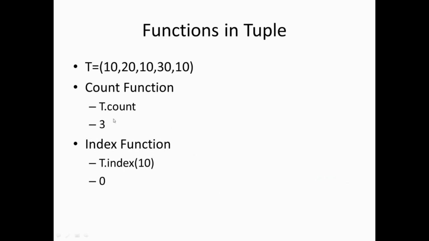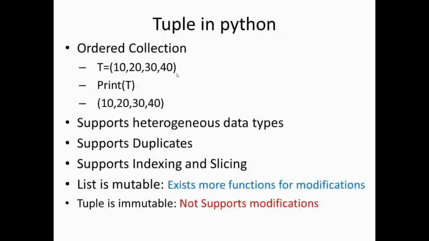Sir, you said that there exist no functions in tuple, but here we are writing count. Yes, count is a function, but it does not manipulate the data. Once the data is ready, we cannot manipulate it because tuple is immutable.